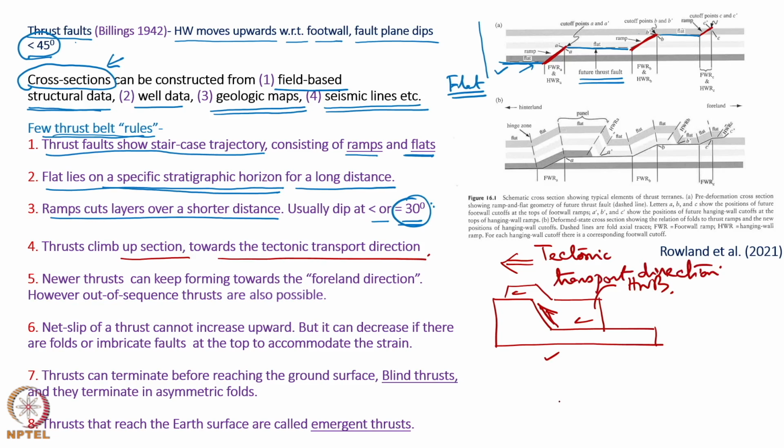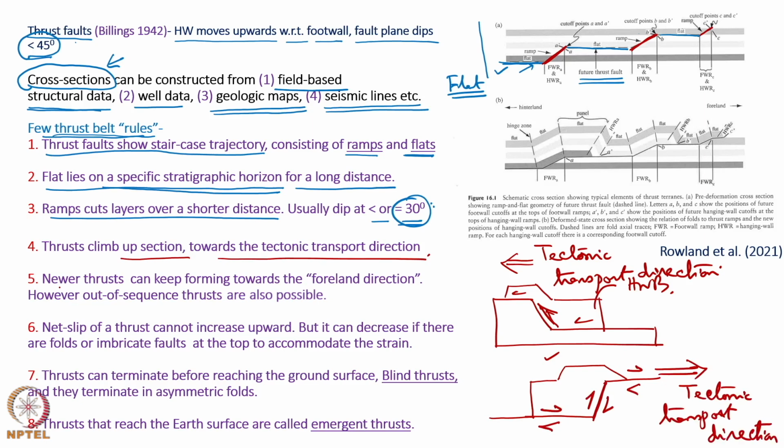If I draw this diagram differently, then this is the thrust fault and in this case this is the tectonic transport direction.